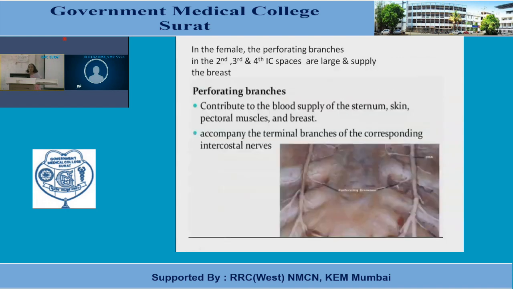Another important branch of the internal thoracic artery is the perforating branches. Now what about the perforating branches in the female? The perforating branches in the 2nd, 3rd and 4th intercostal spaces are large and supply the breast. Perforating branches contribute to the blood supply of the sternum, the anterior chest bone, the overlying skin, the pectoral muscles and the breast, and accompany the terminal branches of the corresponding intercostal nerves.